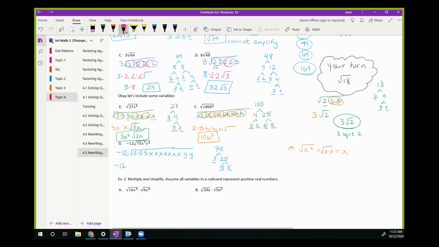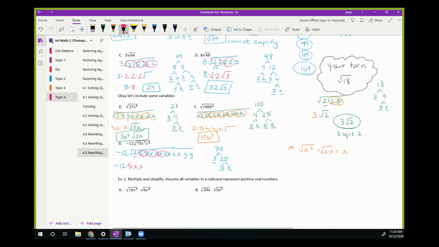All right. I'm going through and I'm looking for perfect squares. So the 3 doesn't have a partner. It's not a perfect square. I have two 5s though, so that's a perfect square. I can bring one of those out. I have a pair of x's, that's a perfect square, so I can bring one of those out. Another pair of x's.